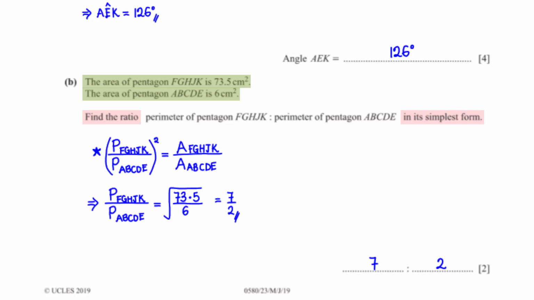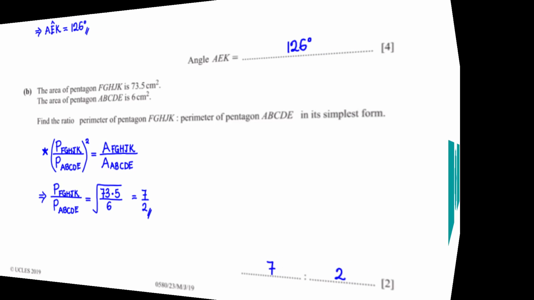Since the two pentagons are similar, the ratio of their areas should be equal to the square of the ratio of their perimeters. We've been given the area of the pentagons, and so the ratio of their perimeters would be equal to the square root of 73.5 divided by 6. When we type this into the calculator, we get 7/2. And so our final answer here is 7:2.